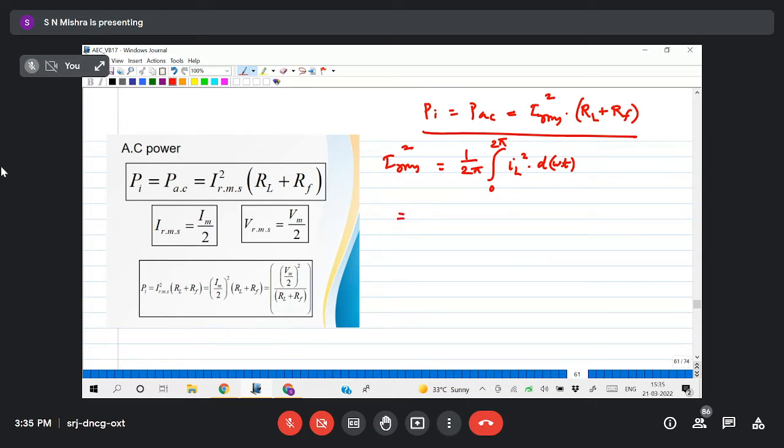So we can write it as 1 by 2 pi, 0 to pi Im sin omega T whole square plus pi to 2 pi 0 d omega T. This is 0.